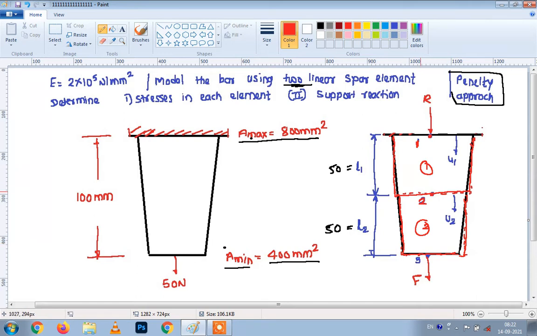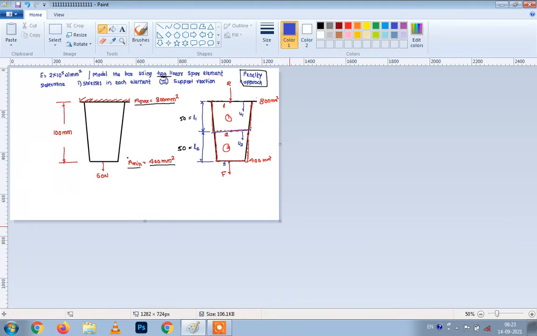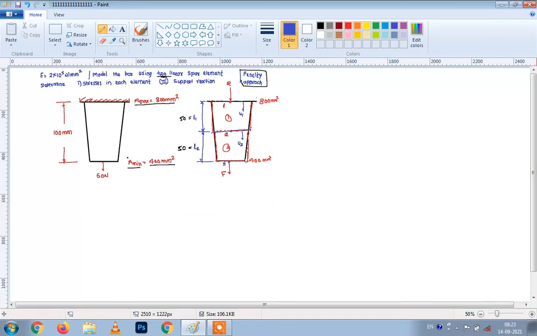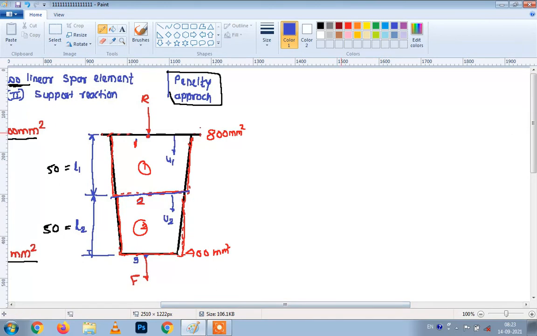Now here area is given 800 mm square, here area is given as 400 mm square. So now we will find out the area at this location. Simply we can find this area as it is a center portion: 800 mm square plus 400 divided by 2.